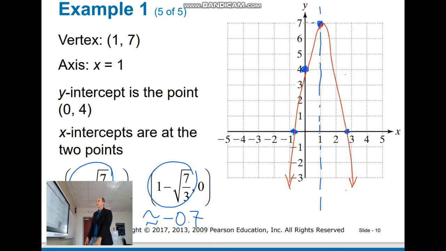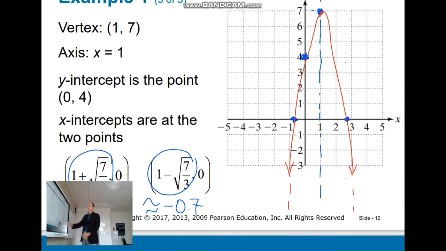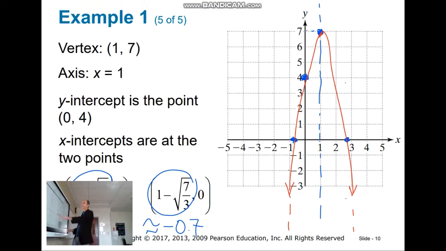This is a rough sketch of the graph. This is how you manually draw the graph by using as a reference a few points and the axis of symmetry.